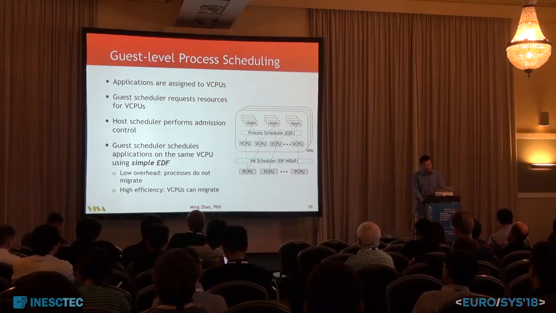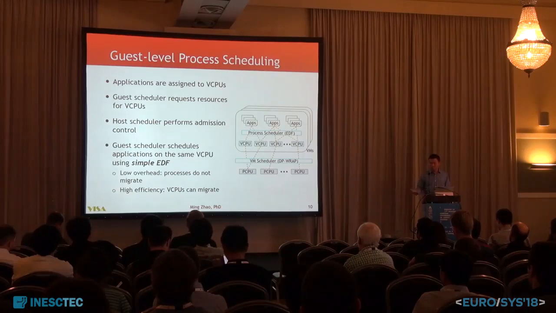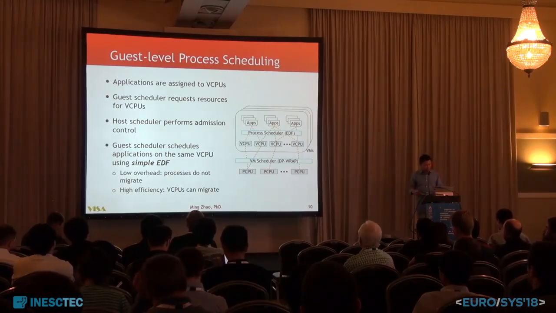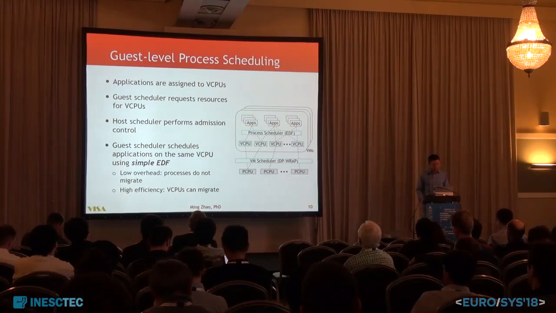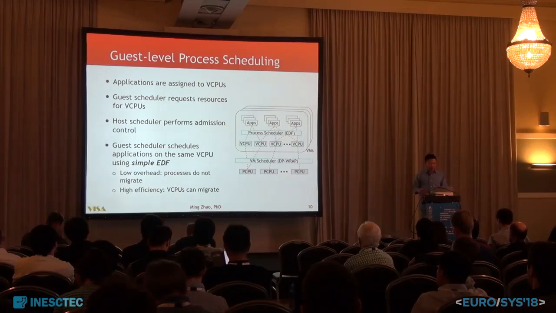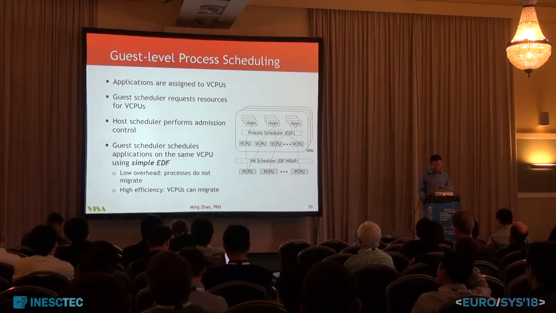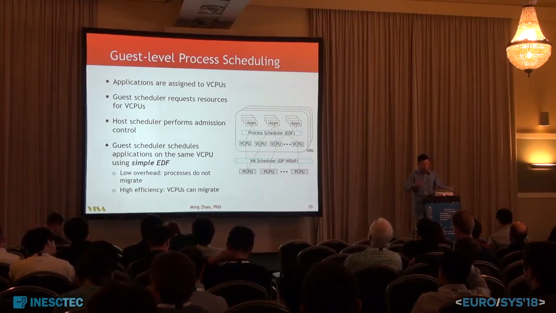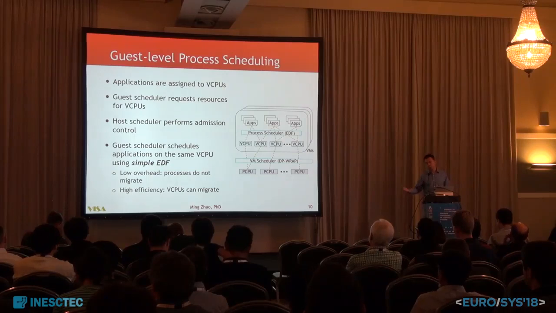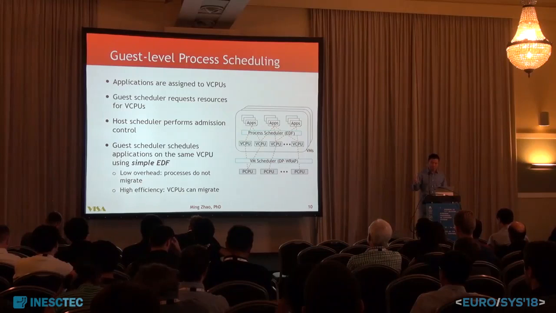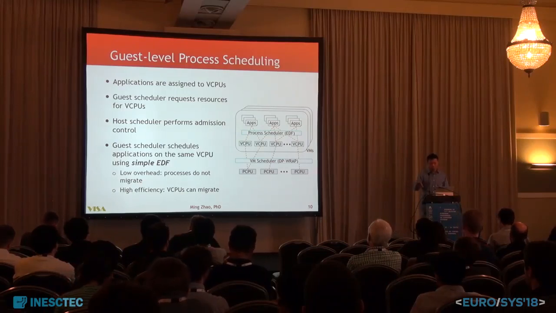Now, let's look at the schedulers at the guest level and the host level. The guest level scheduler is actually pretty simple. We in fact use a simple partitioned ETF scheduler. The only thing I want to emphasize is that instead of using a global ETF scheduler, which is supposed to be more optimal than a partitioned scheduler, we assign the applications to different vCPUs, and our guest level scheduler schedules the processes that are assigned to a particular vCPU.